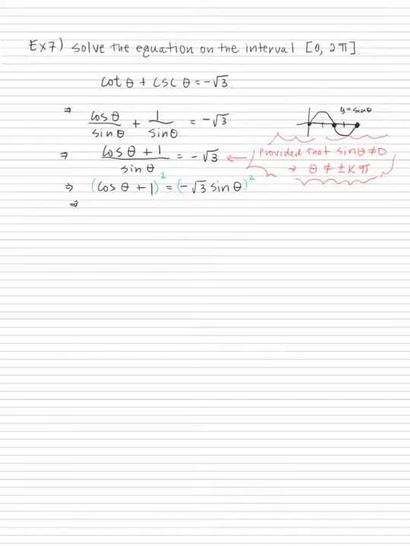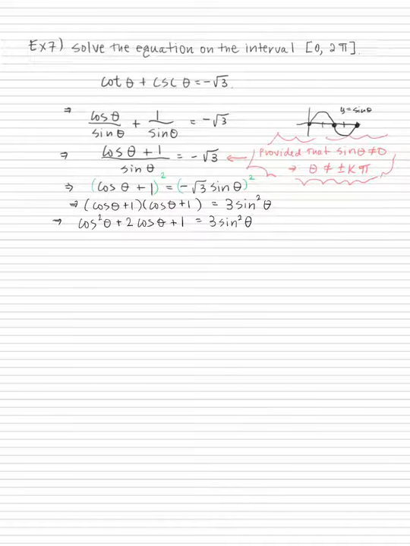Cosine of theta plus 1 times cosine of theta plus 1 equals, so here you're going to get positive 3 sine squared of theta after squaring it. So let's multiply this out and we're going to have cosine squared of theta plus 2 cosine of theta plus 1 equals 3 sine squared of theta.